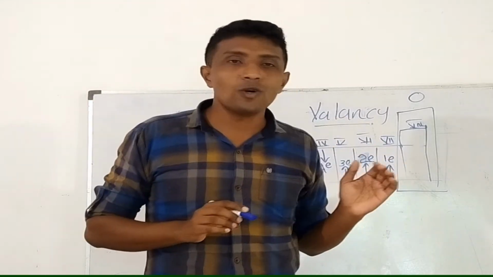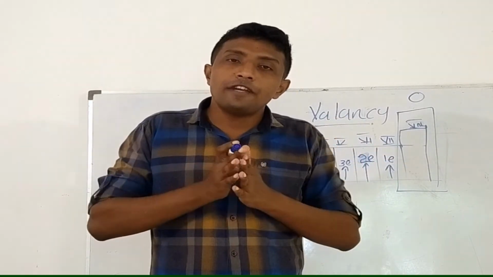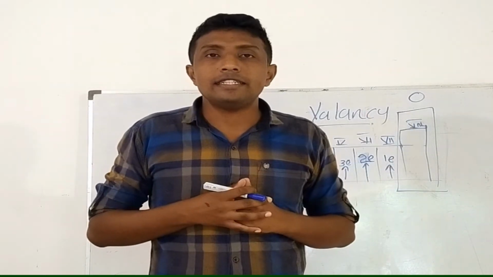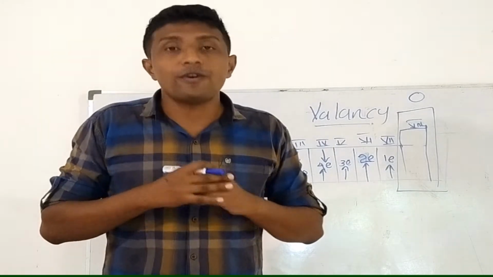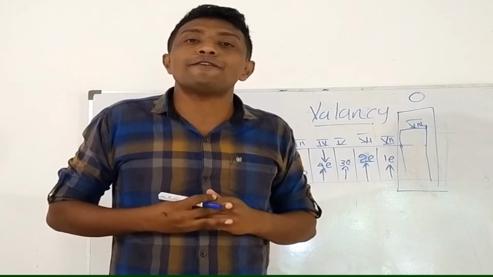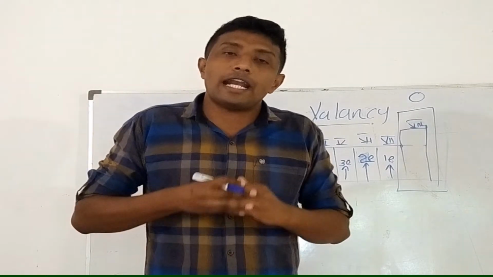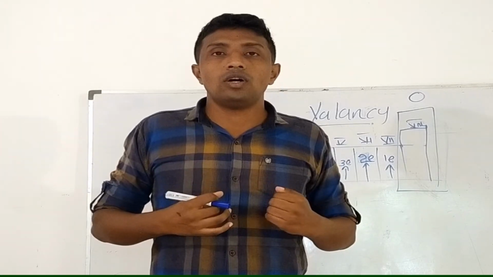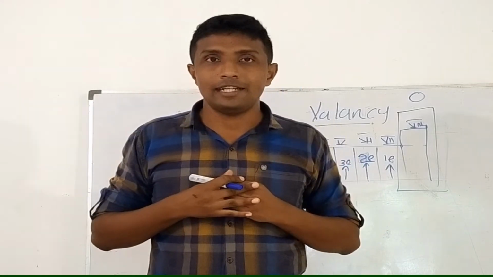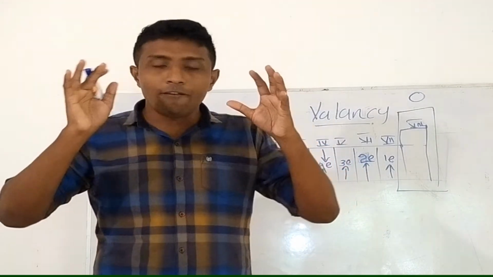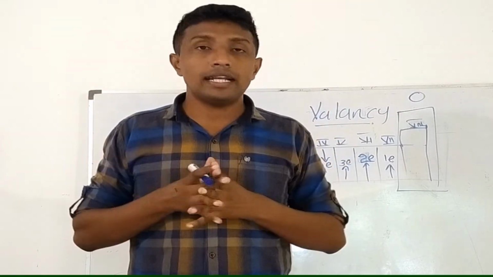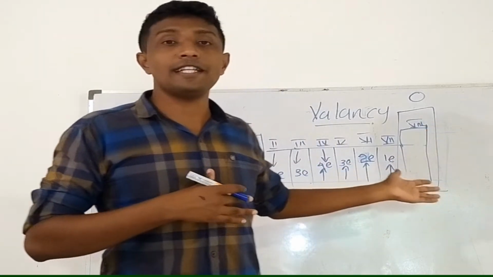For example, if it is easy for an element to give away 1 electron and become a noble gas, of course they do. If it is easy for an atom to receive 1 electron and reach the noble gas state, they do that. Understood? They want to be stabilized in their electronic configuration. That is why they do this.